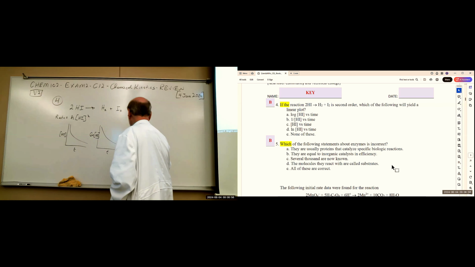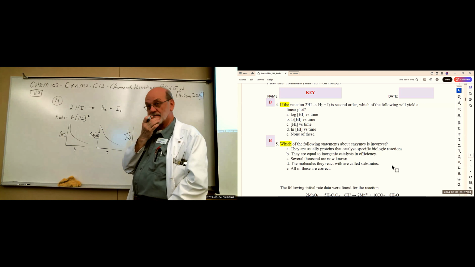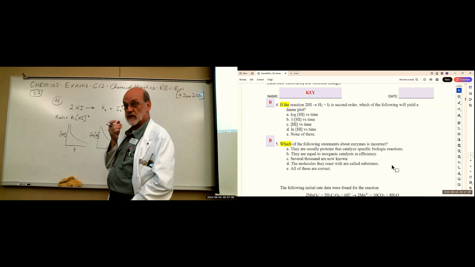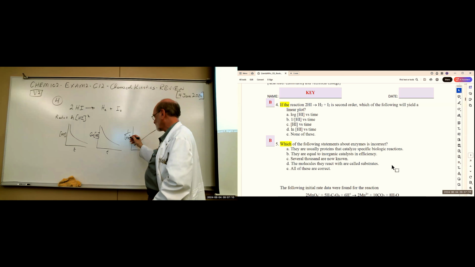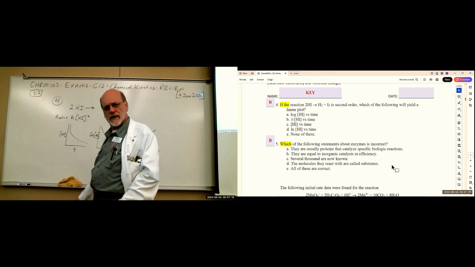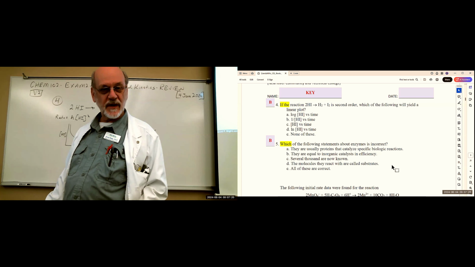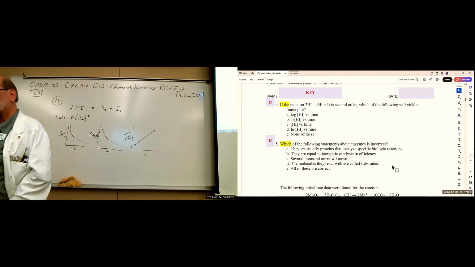But if we plot the inverse, we're going to get a straight line, okay, with a positive slope. Oh, okay, so that's B. Plot the inverse of HI versus time and you'll get a straight line.